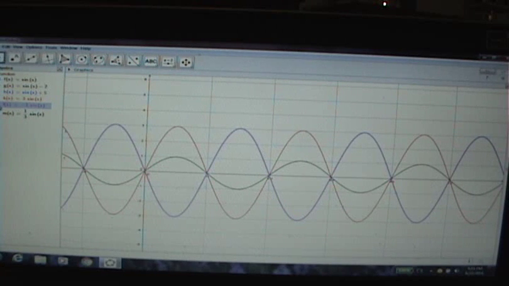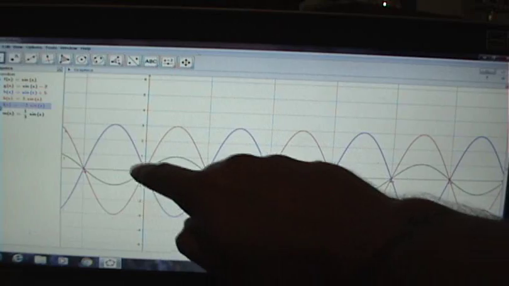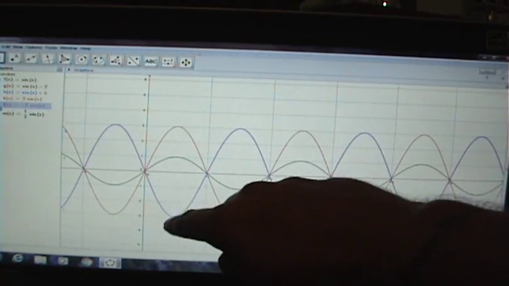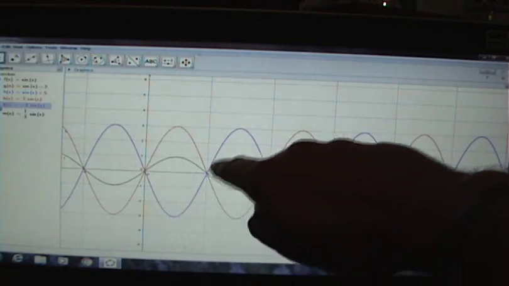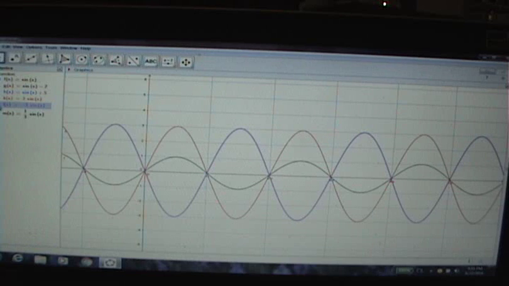What the negative does is it reflects it over the x-axis. So it's going to be the same graph as the orange one, our 3 times sine x, but just reflected over the x-axis. So now when this goes to +3, the reflection would go to -3. And you can see that one is just a mirror reflection of the other.